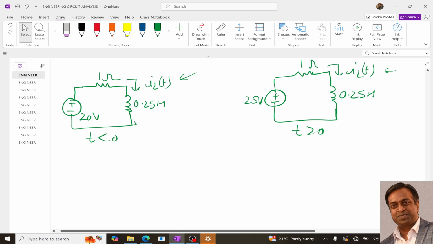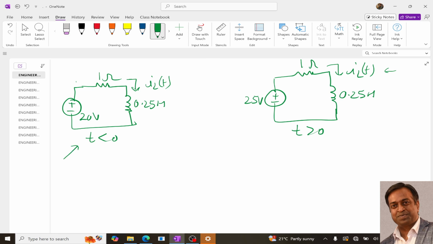So in this circuit, since the circuit has been in this condition for a very long time, from minus infinity, we can redraw it and replace this inductor with a short circuit, because an inductor behaves as a short circuit after some time.